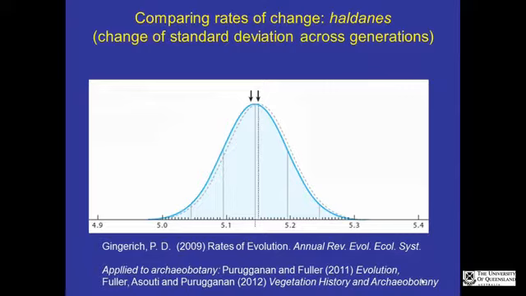So is change in grain size faster or slower than change in non-shattering? Essentially, a Haldane rate looks at shifts within a population. Most traits have a mean and a range, a bell-shaped, normal distribution, and if the mean of the population shifts by an entire standard deviation, that would be one Haldane.